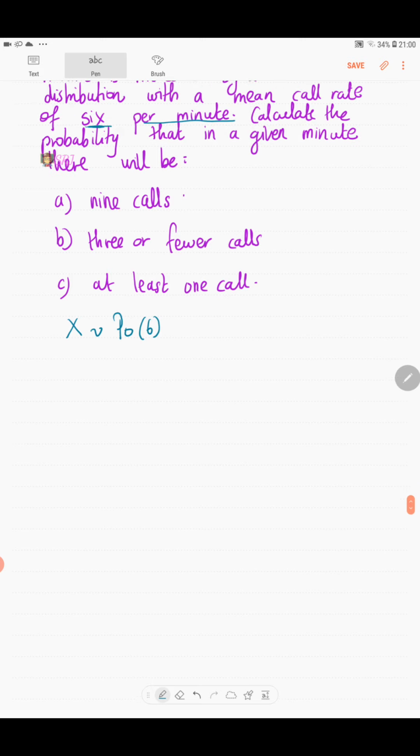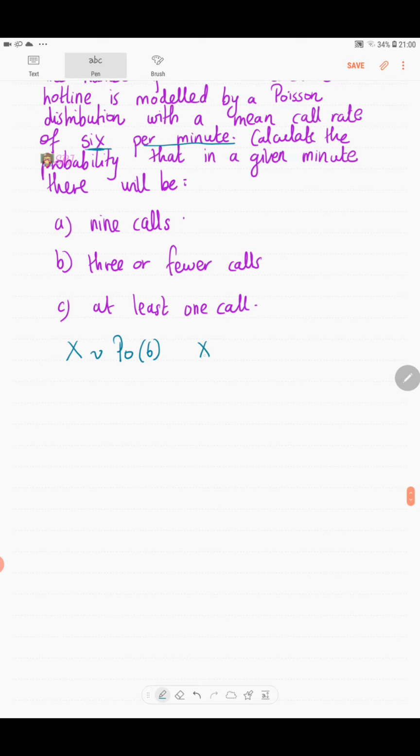Or we can write: let X be the random variable, number of calls received per minute.